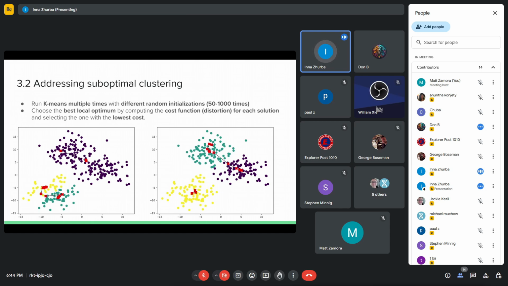Depending on how much precision we want, we can do that from 50 to 1,000 times. And then we choose the best local optimum by computing the cost function, also called distortion, for each solution, and we select the lowest distortion, right?